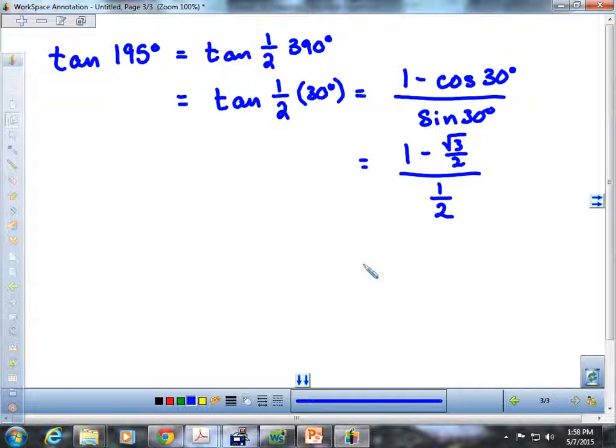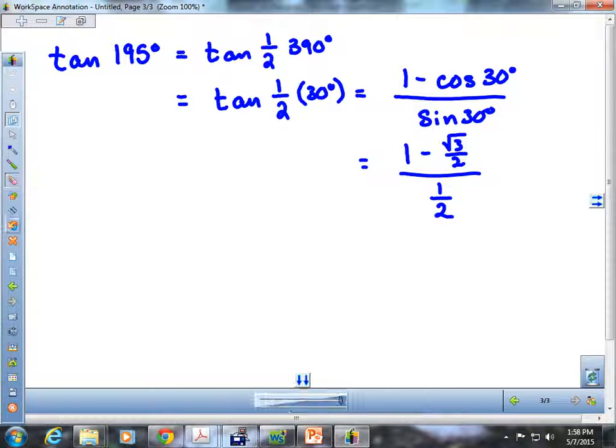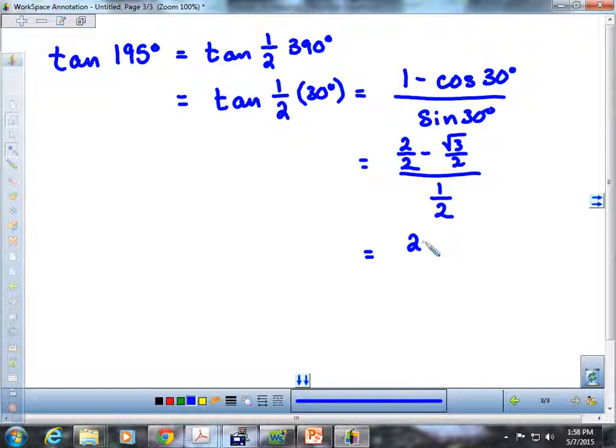Got a complex fraction here. I'd like to have one single fraction up on the top. Well, 1 is very easy because 1 can be anything over itself. We want it to be 2 over 2. Okay, so now I can subtract those on top, and what would we get up top? 2 minus radical 3 over 2.